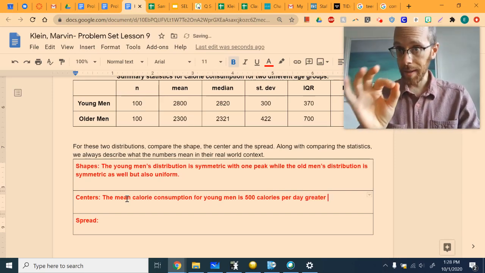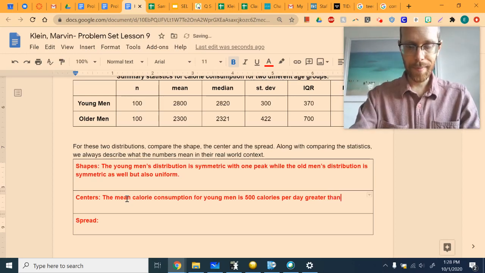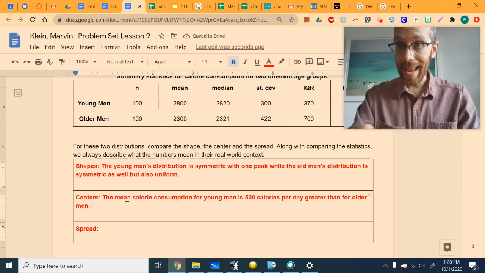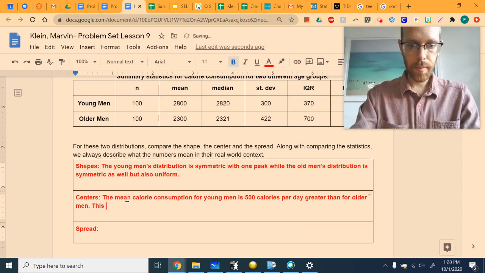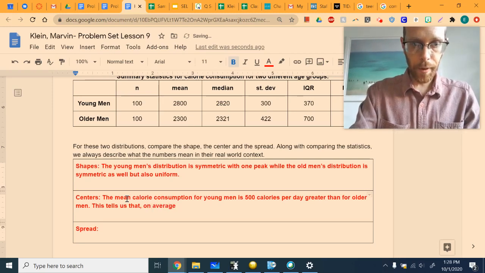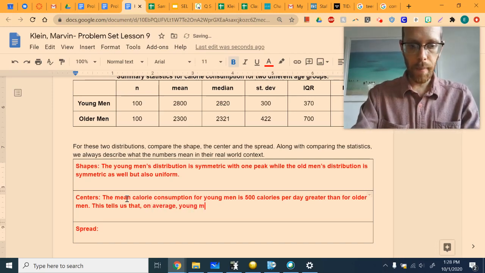Greater, there's our comparison, greater than for older men. What does that tell us? It tells us that on average, young men eat more than old men.